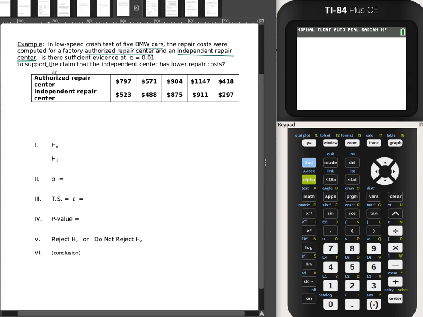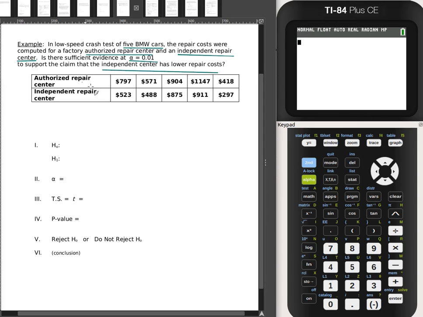Is there sufficient evidence at the 0.01 level of significance to support the claim that the independent center has lower repair costs? So we're wanting to test whether the independent center has the lower repair cost.